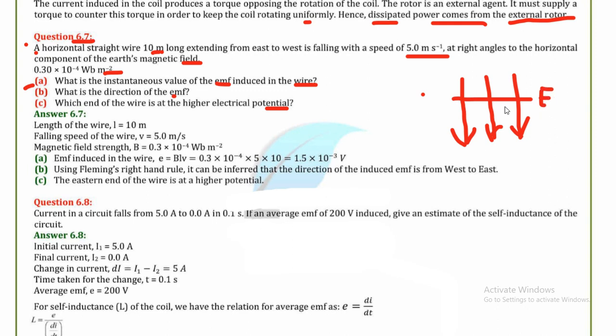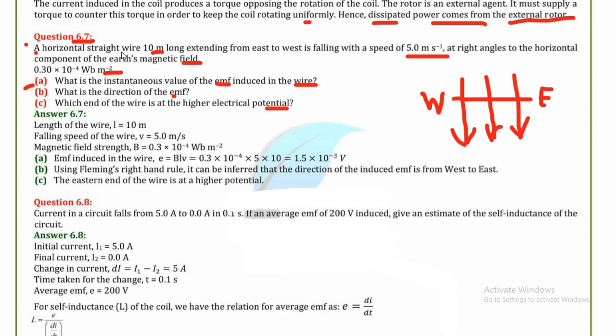Suppose this one is east and this is west, and its length is given. So you can see this wire is perpendicular to the horizontal component of Earth's magnetic field. So in this case theta is 90 degree between the length of this rod and the magnetic field.